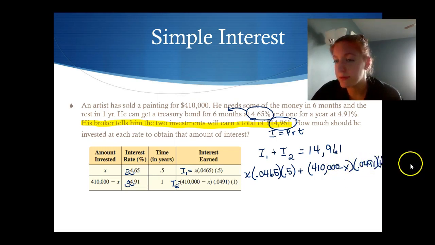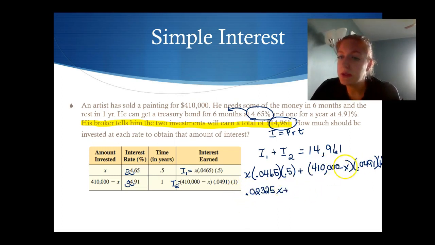I don't have enough room to write equals 14,961, but just imagine it says that at the end. So let's simplify the first part. We can just multiply those two numbers together, right? The associative property tells us we can multiply in any order, times 0.5, which gives us 0.02325x. Throw a 0 in front of there if you want to, no big deal.